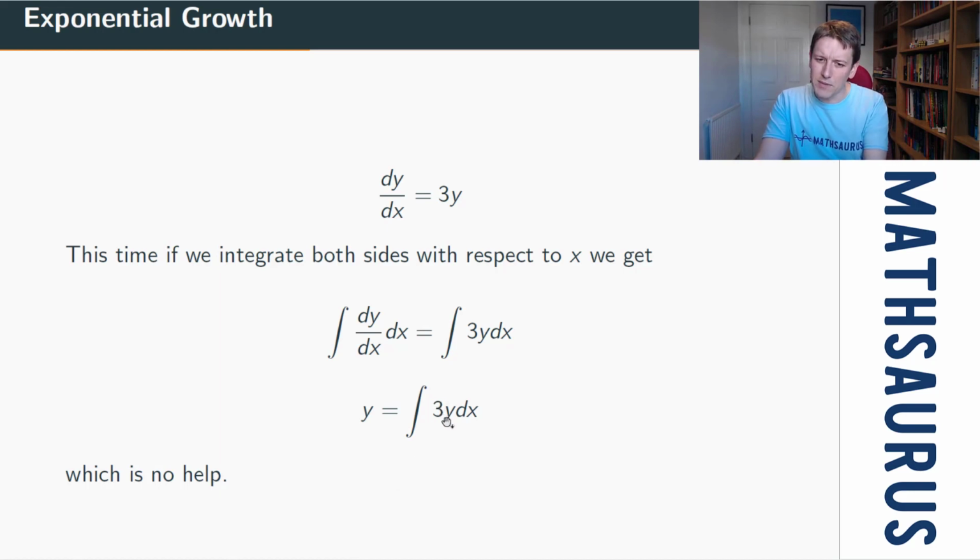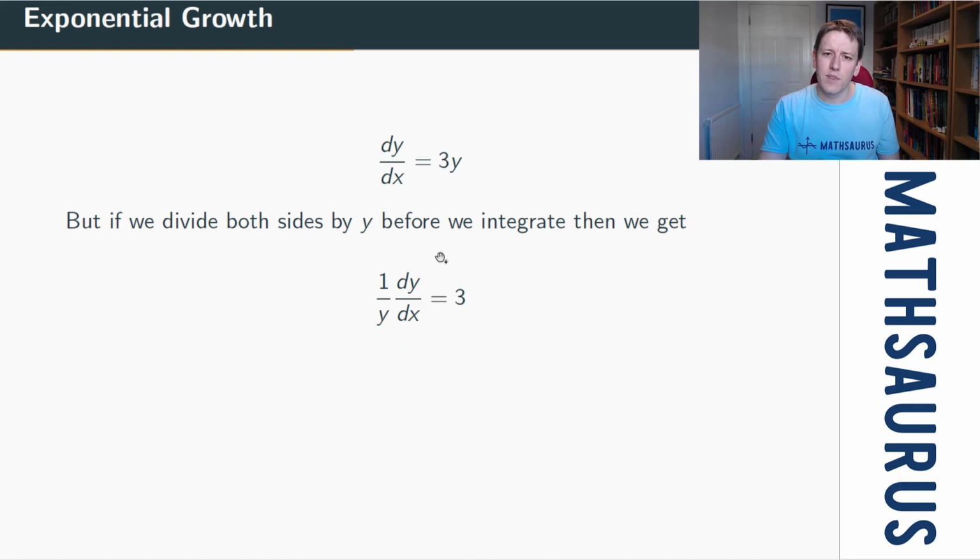The fundamental problem here is that I've got an integral with respect to x, but the thing in it is a y. I could do an integral of y with respect to y, or an integral of x with respect to x, but those variables have to match up. And it's at this point in calculus that you really start to realize why, when you do integration early on, your teachers might be forcing you to write dx all the time, even though the variable is always x and it doesn't seem to matter. It starts to matter here.